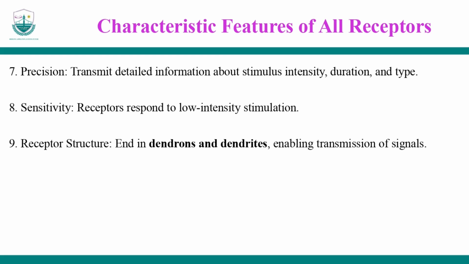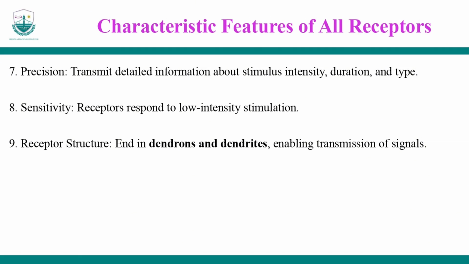Okay, we'll move to point number 7. The point number 7 is that these receptors can give what you call detailed information about the stimulus. Of course, we are saying that every sensory receptor can pick up particular information, so they are very specific. But after picking up that information, the brain needs a lot of information about it.